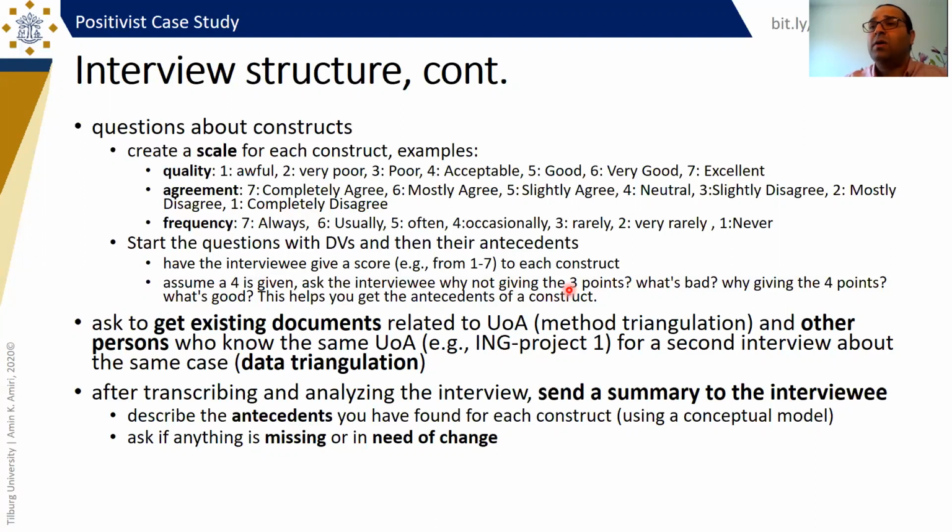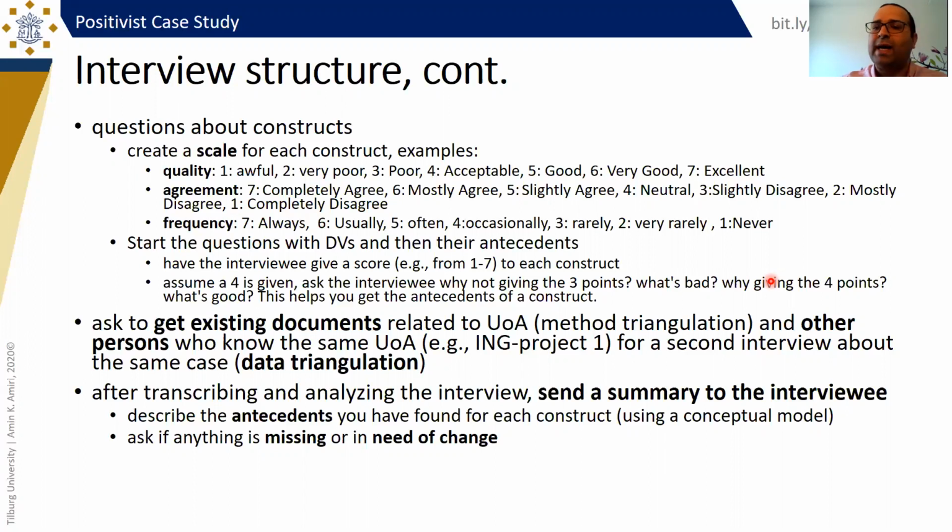With that, without asking about the antecedents, you try to figure out what antecedents are given by the interviewees. Hopefully you can find some new antecedents. Then you ask, why did you give 4? What was good about the agility in this project? Then he tries to speak, and during his speech, you try to extract new antecedents.